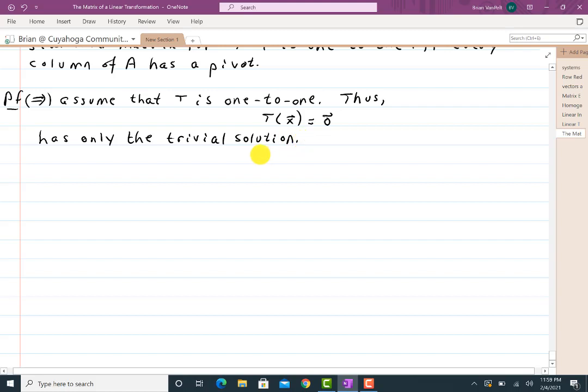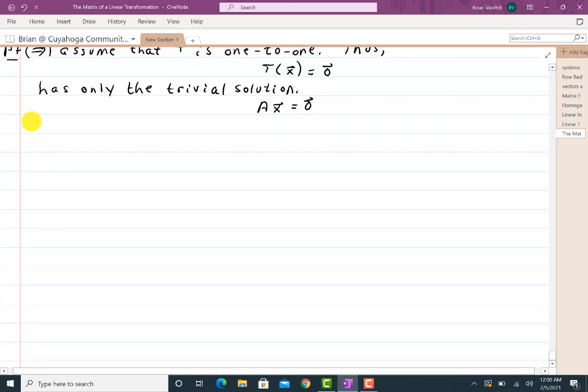Well, break this out into Ax equals 0, using the standard matrix for that. Thus, there are no free variables, because I only have one solution. Free variables indicate more than one solution.